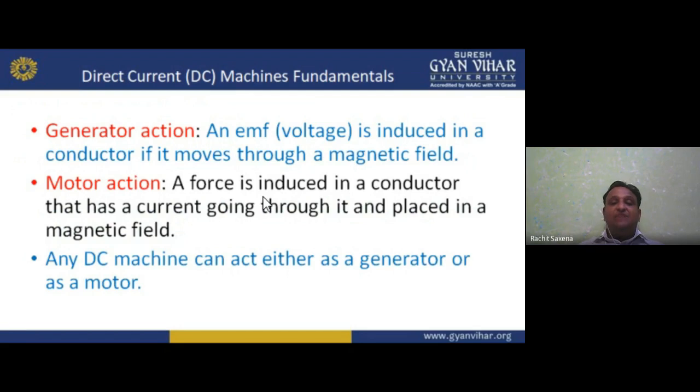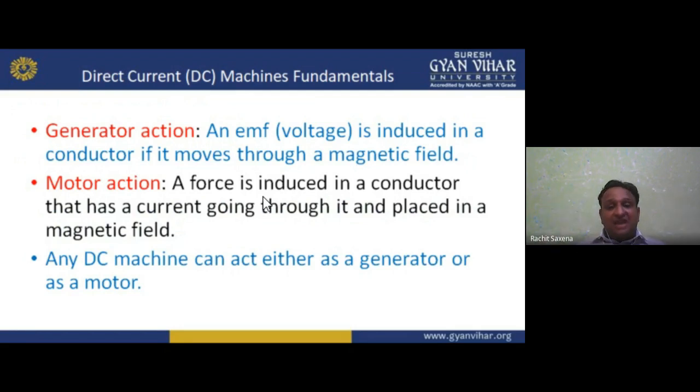In a motor, we don't give any mechanical input, and the rotor or armature rotates in the anti-clockwise direction. That is why the laws are different: Fleming's right hand rule for a generator, Fleming's left hand rule for a motor. But the construction is the same.